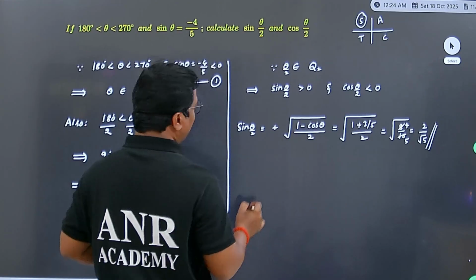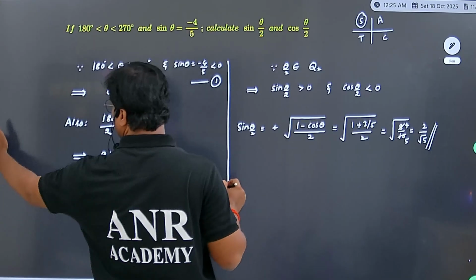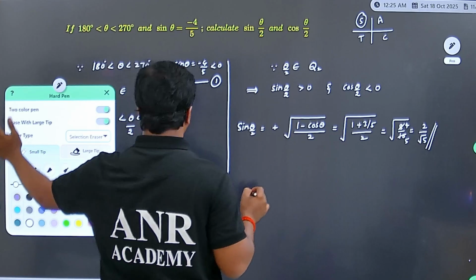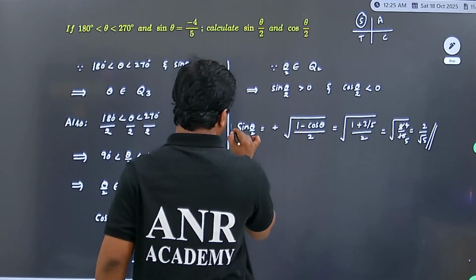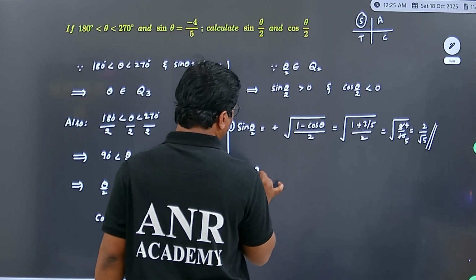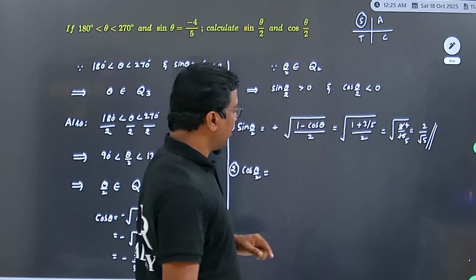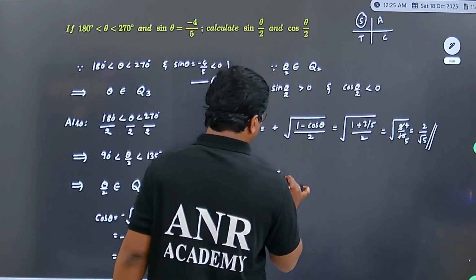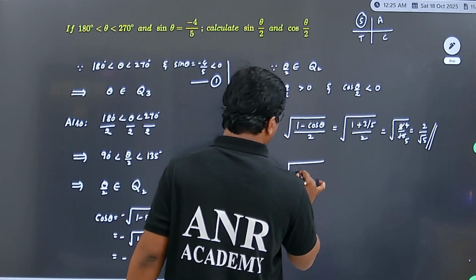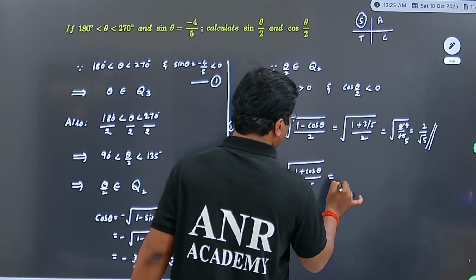Next, cos theta by 2 I am going to find. This is the first one. Second one, cos theta by 2. You know that cos theta by 2 is negative in the second quadrant, and cos theta by 2 is written as minus root over (1 plus cos theta) divided by 2.